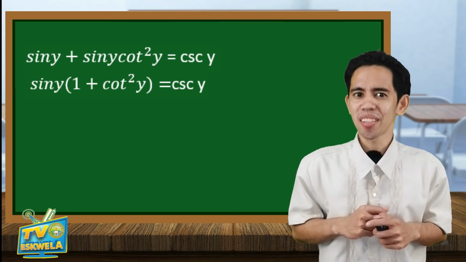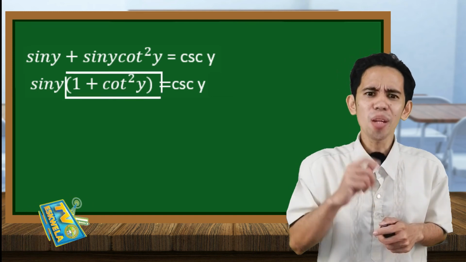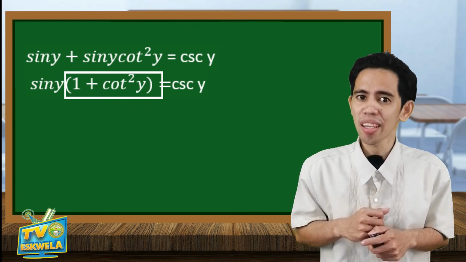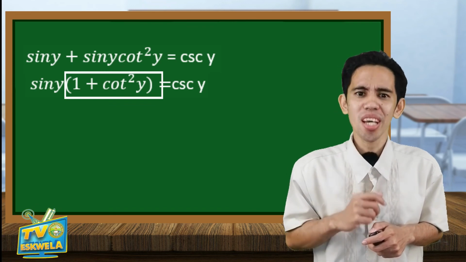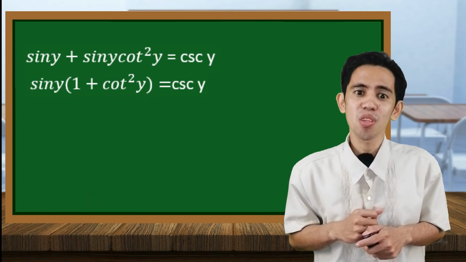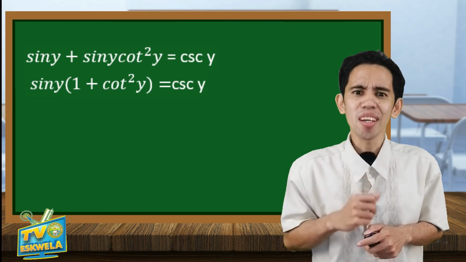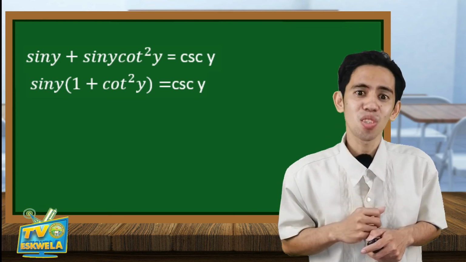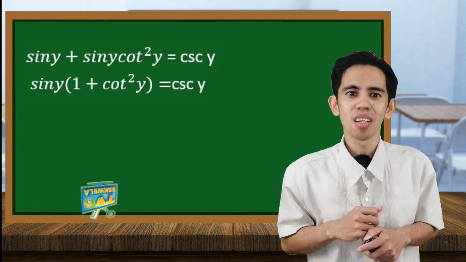Using the Pythagorean identity, 1 plus cot squared theta, or 1 plus cot squared y, is equal to cosecant squared y. Don't be confused by the variable. You can change the variable. Instead of using theta, you can use y.